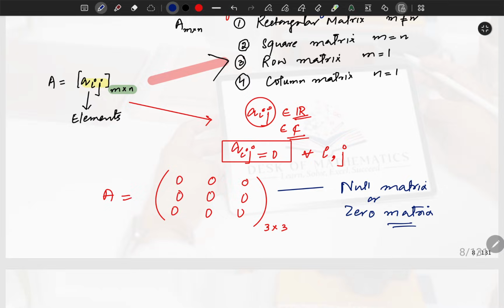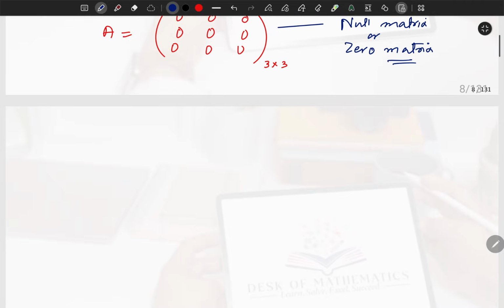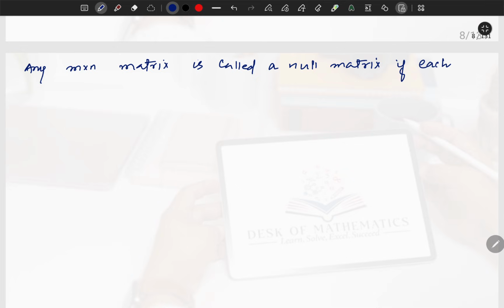So I will write: any m cross n matrix is called a null matrix or zero matrix if each of its elements is 0, and we are denoting it in this m cross n.